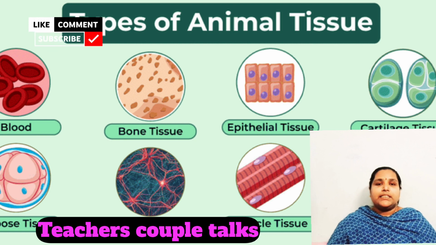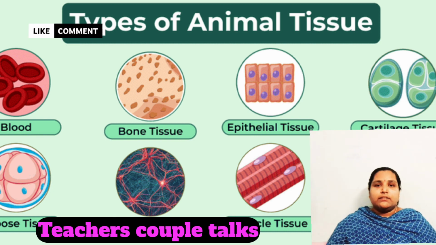Next, muscle tissue. Muscles help in movement of the bones with the stimulation of the nervous system. A muscle cell is connected with bone tissue through a nerve cell.